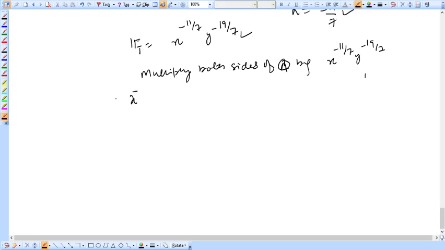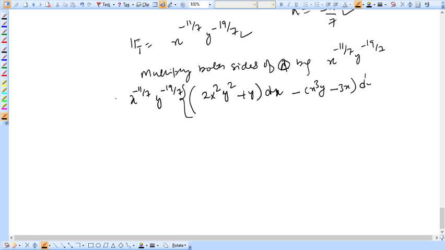So we get x raised to power minus 11 by 7, y raised to power minus 19 by 7 into 2x square y square plus y dx minus x cube y minus 3 dy equal to 0.